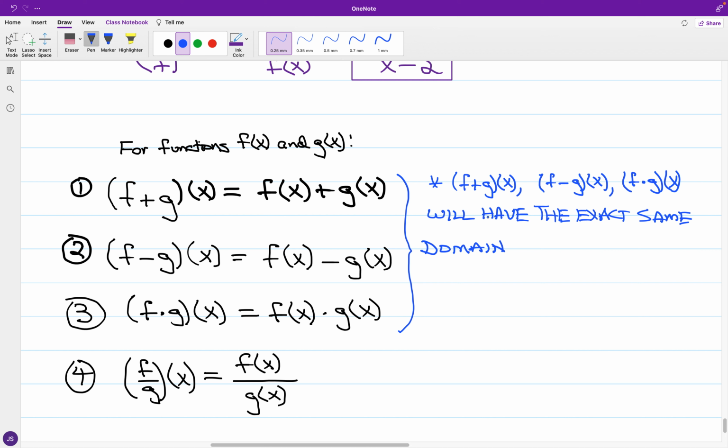Okay, so the sum, difference, and product functions will have the exact same domain, which will be formed by combining the exclusions, or I should say exclusions or restrictions.